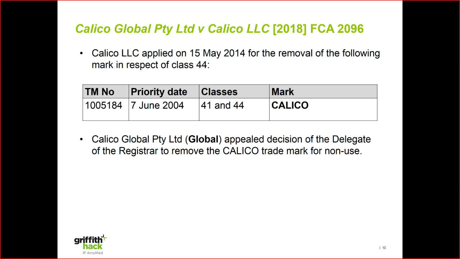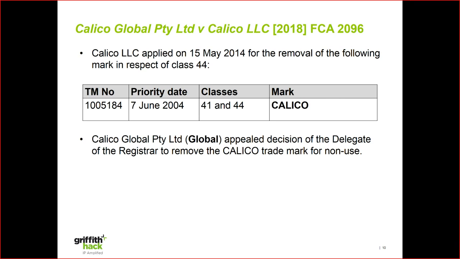So at the Trademarks Office level, the delegate of the registrar decided to remove the Calico Global trademark because the delegate was of the view, at least in relation to Class 44, that there was no use in relation to the medical services.